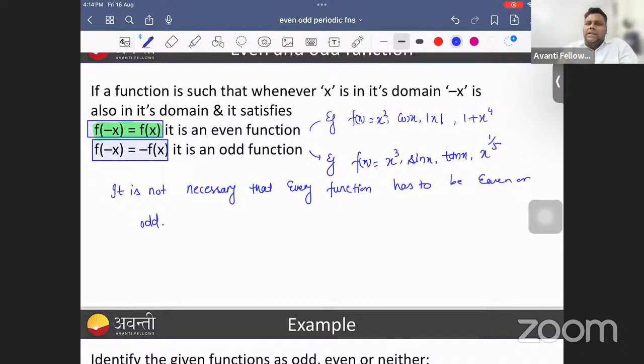There might be certain functions which are neither even nor odd. There are functions which are neither even nor odd. We'll go through their examples in a while.